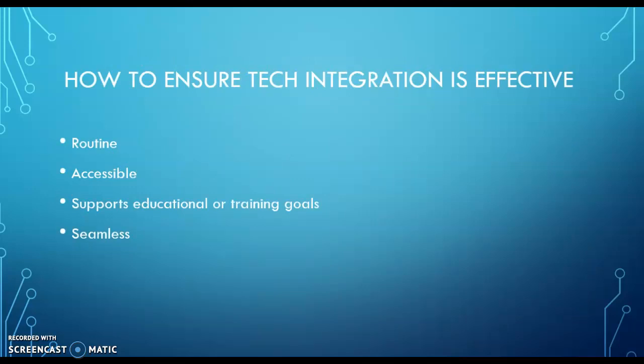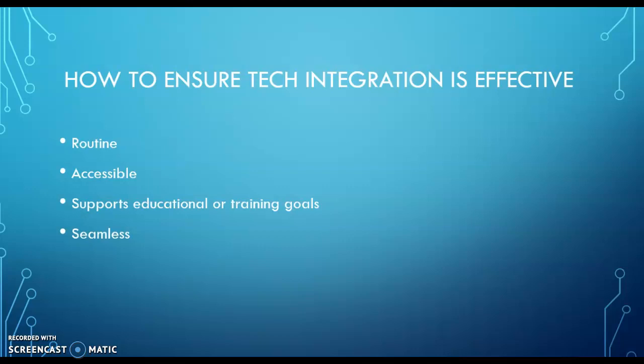When integrating technology into your classroom or training environment, you want to ensure that it is as effective as possible. One of the ways to do this is make tech integration routine in your environment. That way, students or those in your training environment utilize technology and it's part of a daily routine.